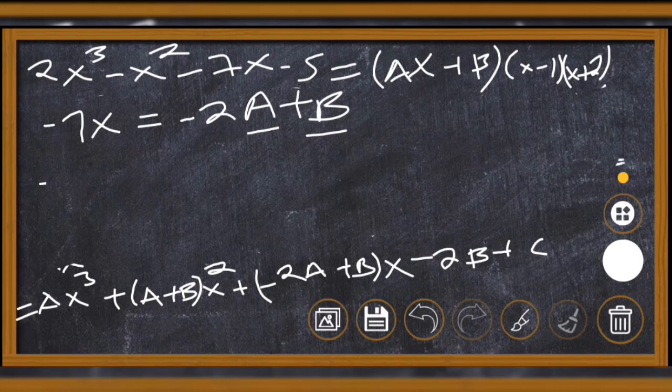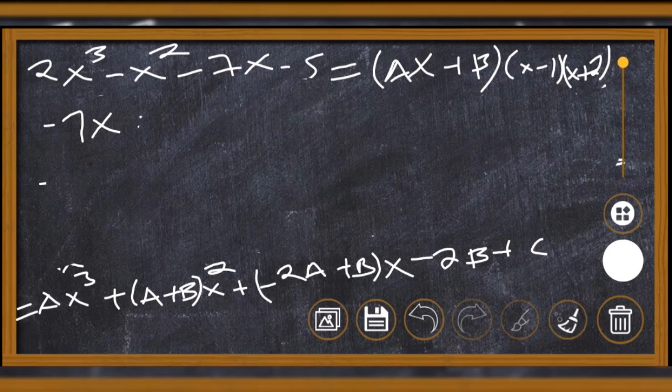If we had not found them, we could consider this. If you have already found the values, you just skip it because it's going to waste your time.